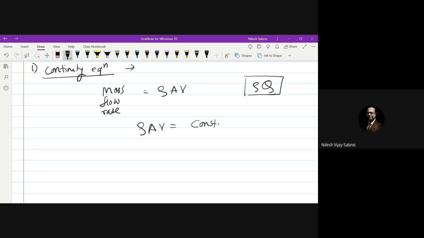If we take the derivative of rho AV, it will become 0 because the other side is constant.